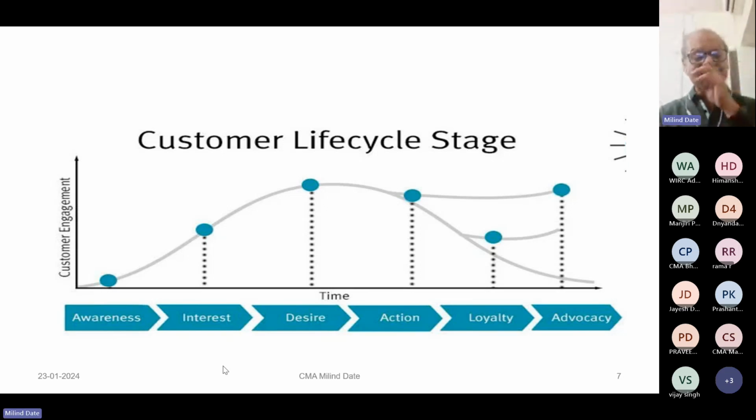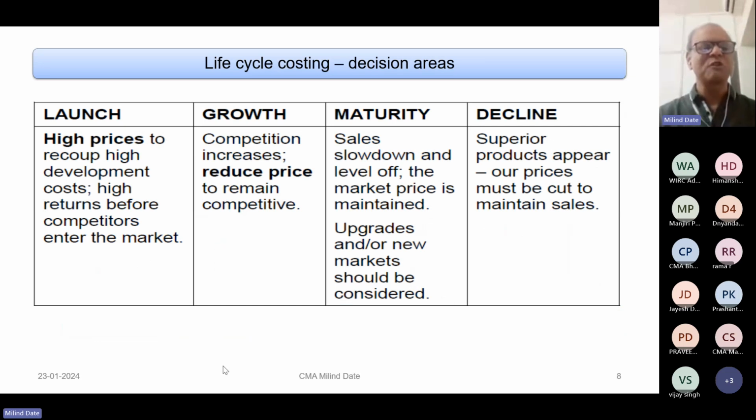The decision areas are therefore quite logically linked to the life cycle phases. So let's very quickly look at those aspects. In the launch phase, generally, you will have to check whether I can keep high prices to recoup my high development costs, to ensure that I keep highest returns with me before the competitors enter this market.